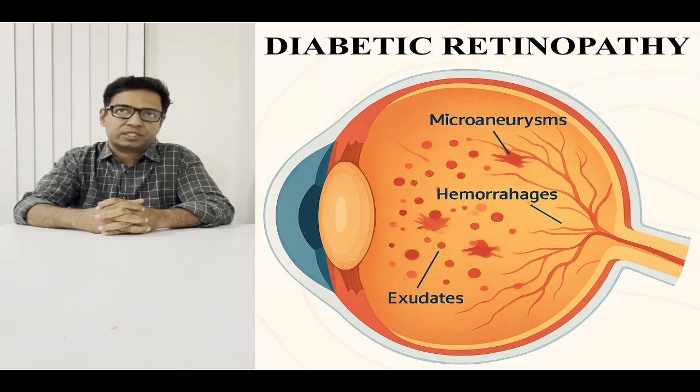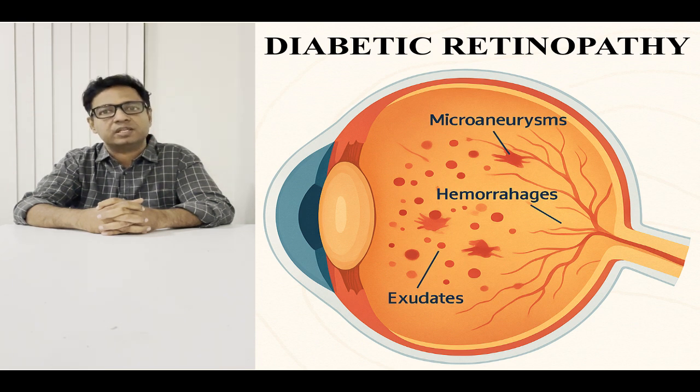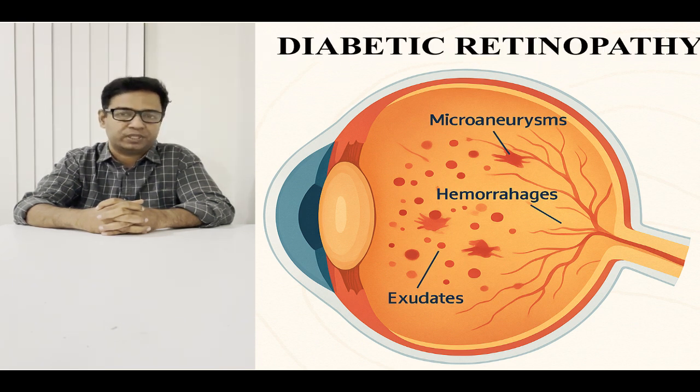The retina is located in the back of our eyes. So when the blood vessels in the retina are affected due to diabetes mellitus, it is called diabetic retinopathy.